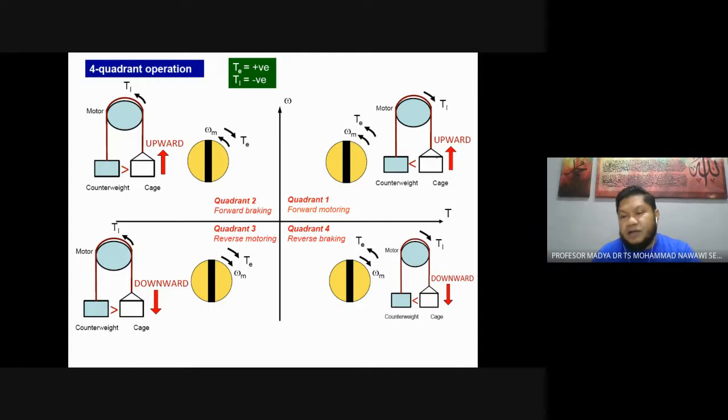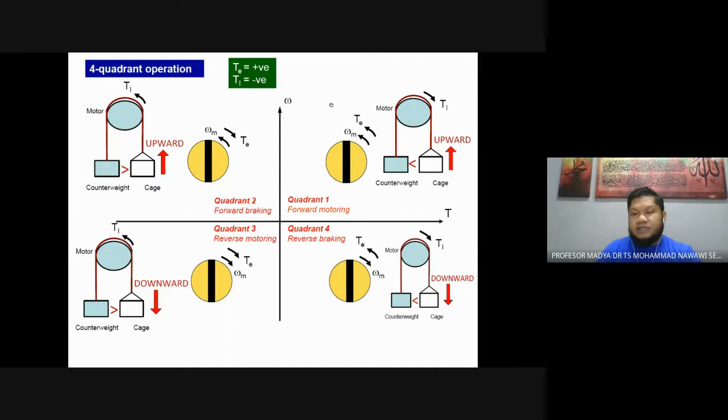You want this cage to move upward, positive direction, and of course, there is always a load torque which is opposed to your electric torque. So this is where you want to control the speed of the motor.